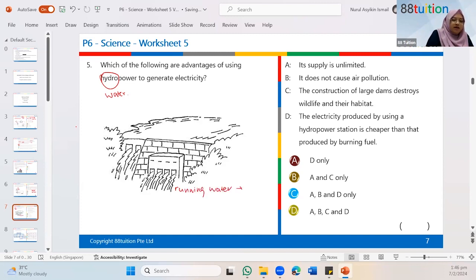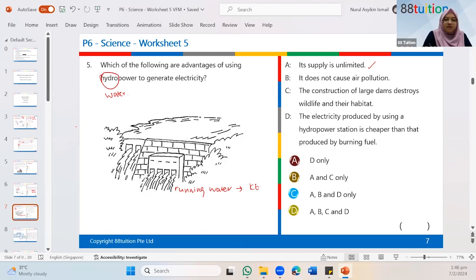Running water has kinetic energy. So they want advantages, right? Let's take a look at A. Its supply is unlimited. Yes, as long as you have water and you can move the water from a higher place to a lower place, it's going to rush downwards very fast. You're going to have unlimited supply of kinetic energy.